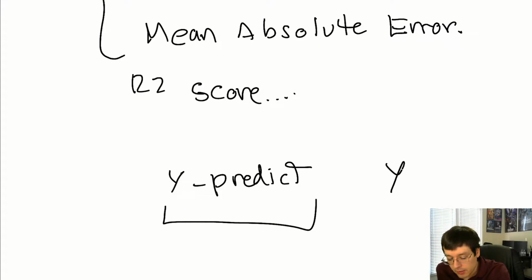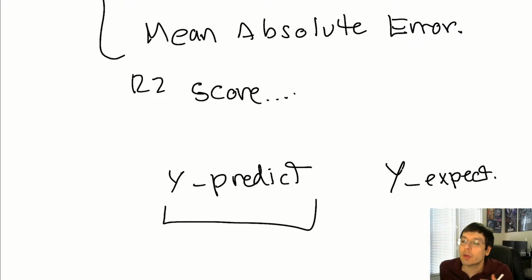So I'll call that the y expected or y correct. Another popular term for the correct answer is the ground truth. So when you hear the word ground truth, like what is the ground truth of this document, it's what the correct version is versus what you're predicting.